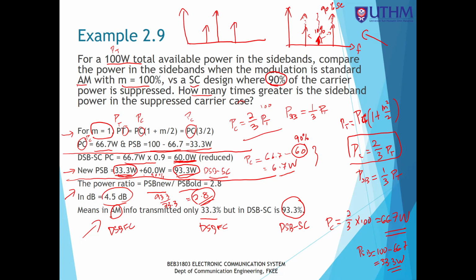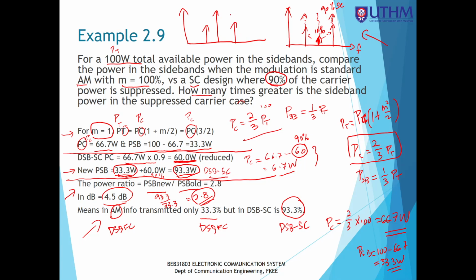Compared to double sideband full carrier, where only 33.3% of the total power belongs to the sideband, which is very small, and the carrier has very high power, where the carrier does not contain any information.